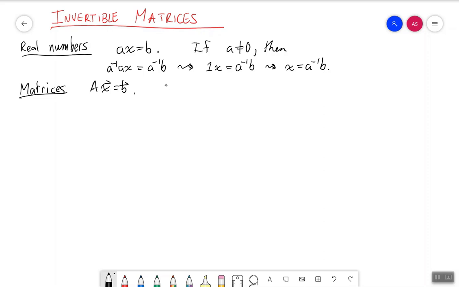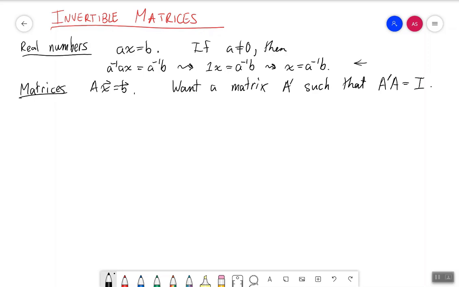Let's see if we can find a matrix. So we want a matrix, which for the moment I'm going to call A prime, although this will not be our notation that we'll ultimately use, such that A prime times A is the identity matrix.